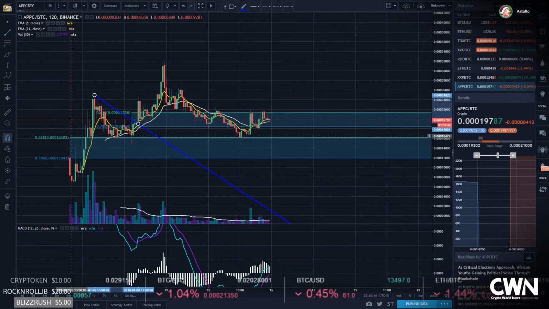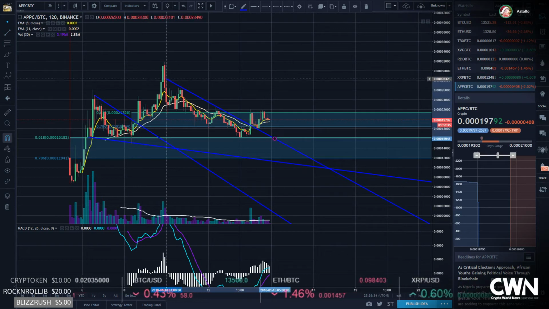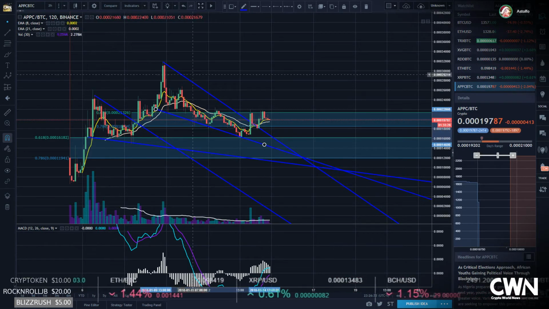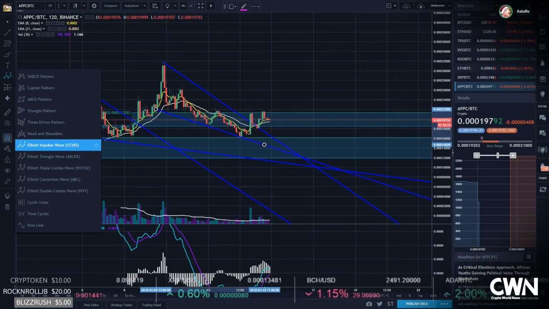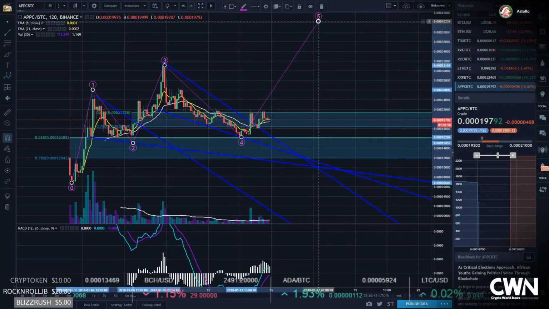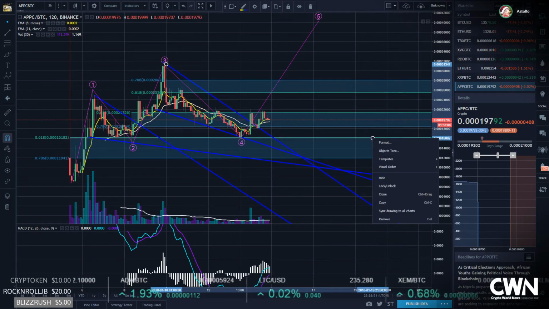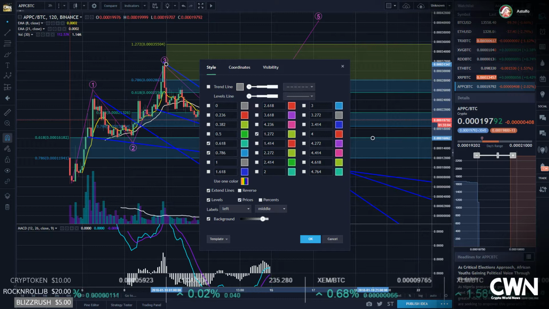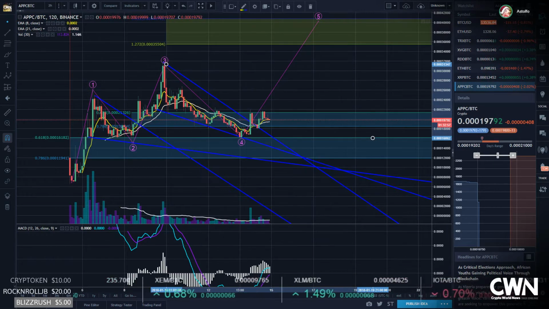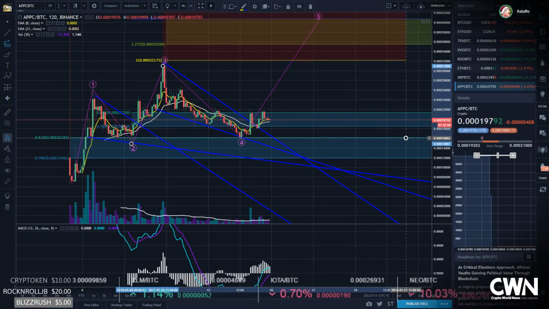Looks like we've got some triangles here. Pull some upside targets for wave 5, as well as a projection.